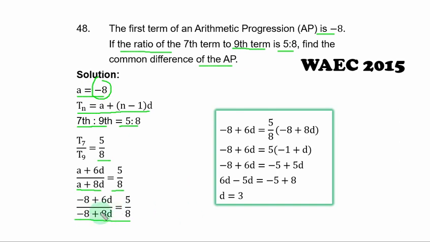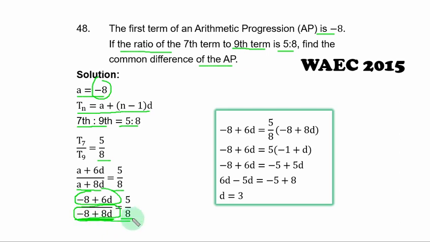So let's make this term the subject. We use this term to multiply through in order to remove it from here. When you cross multiply, I'm doing that because from here you can factor out 8, that will remove this 8.